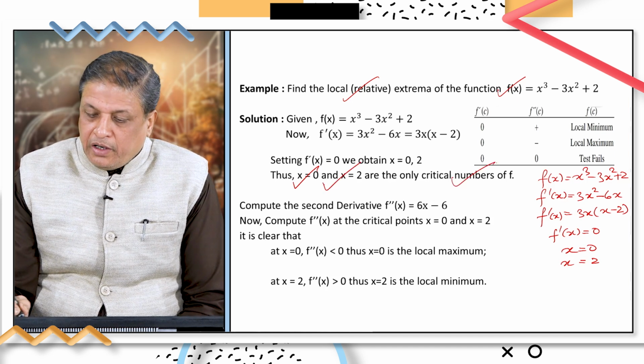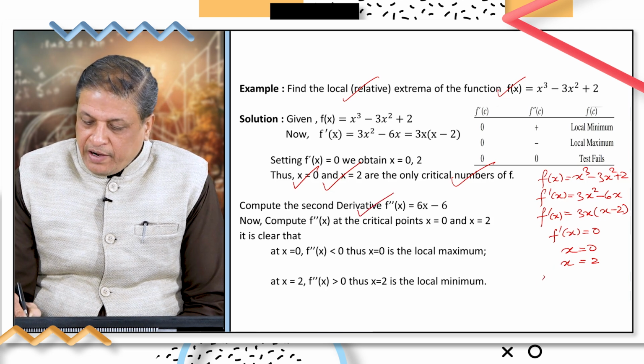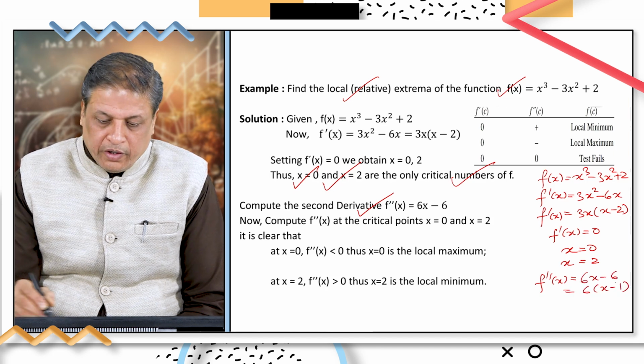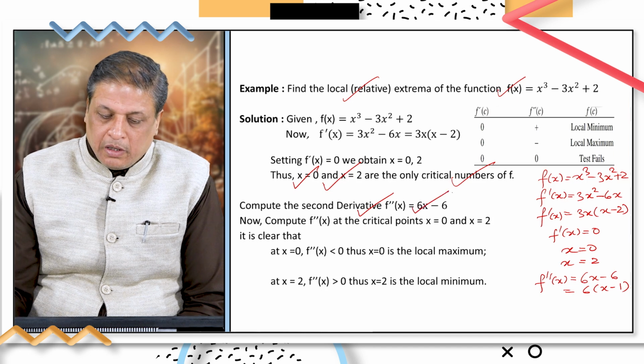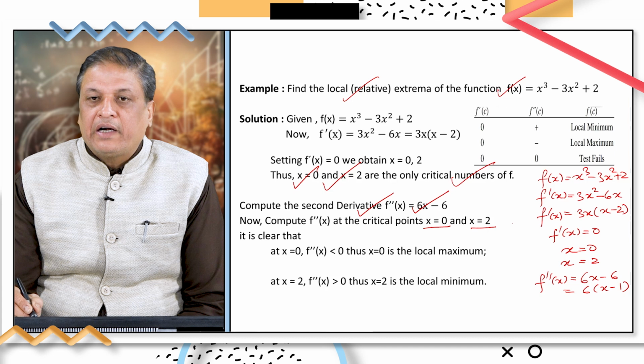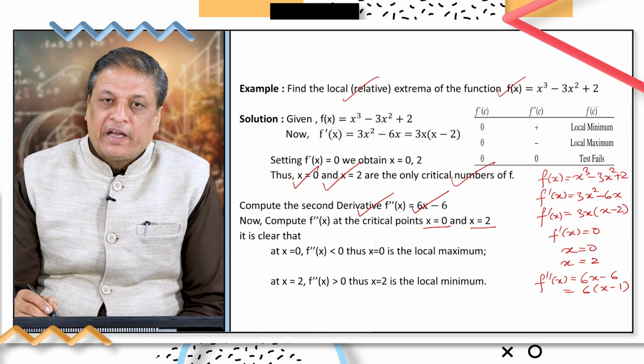Now, we again determine the second derivative. So, the second derivative f''(x) will be equal to 6x minus 6. So, that is 6(x minus 1). So, 6x minus 6 is the double derivative. So, at the critical points x is equal to 0 and x is equal to 2, we are going to verify how the sign changes.